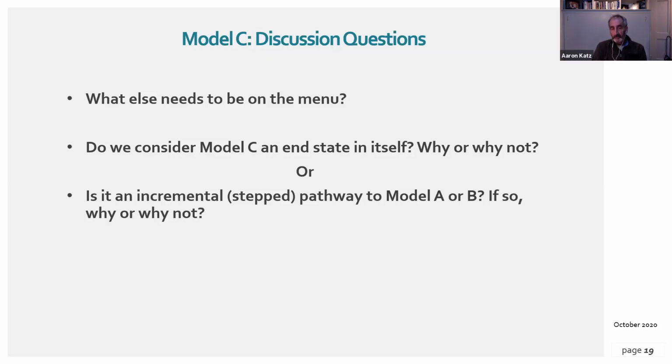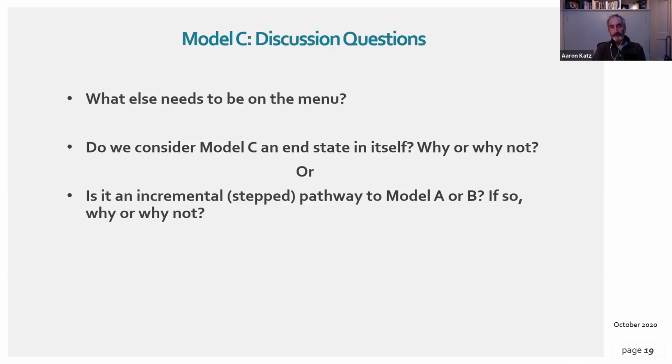So for me, Model A is the goal, and what I want to see the legislature do is commit to it by a date certain, and to build the infrastructure in the meantime so that Model A is a viable outcome.